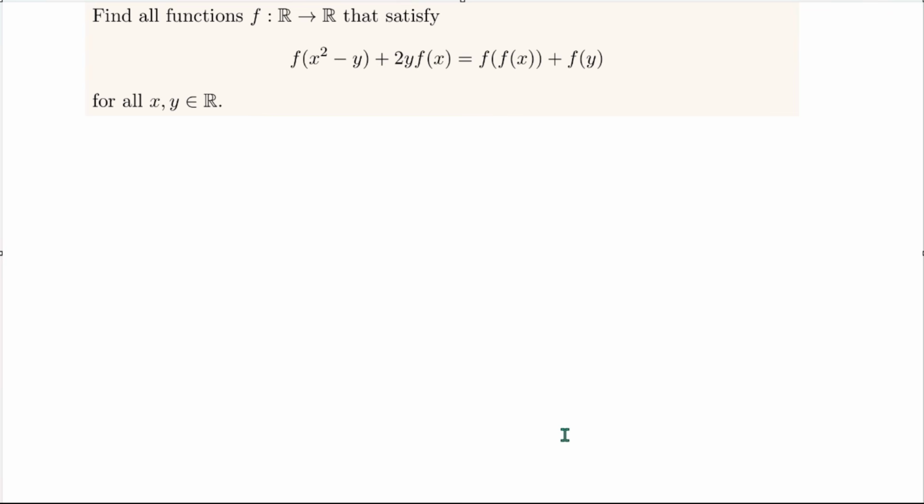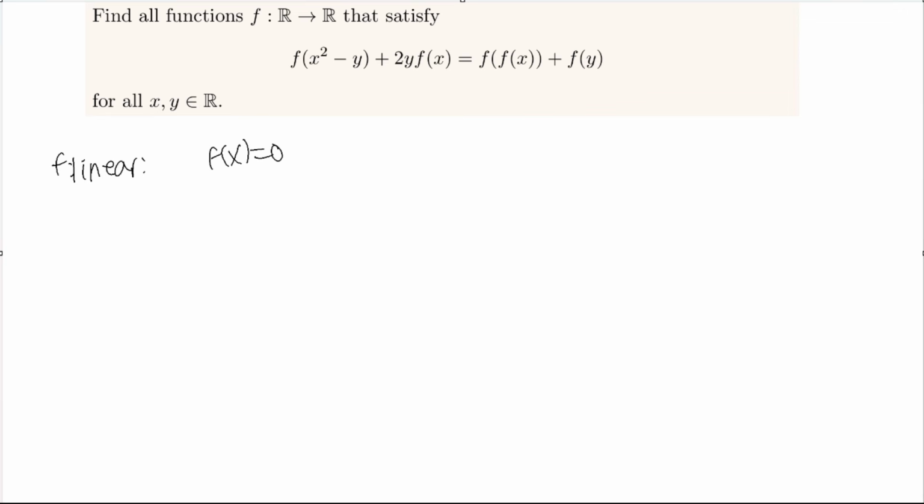So now our first order of action is to find the solutions. So could f be linear? Well, you can go ahead and check for yourself that the only linear solution is actually f of x equals 0.